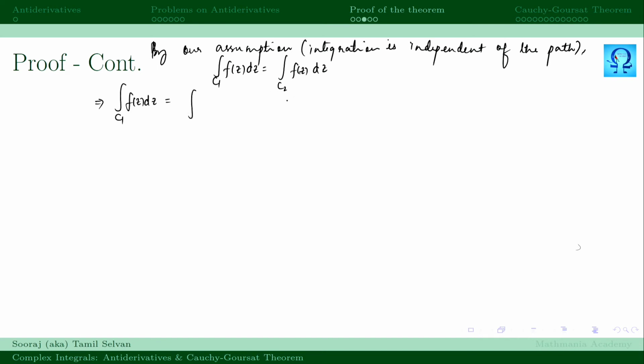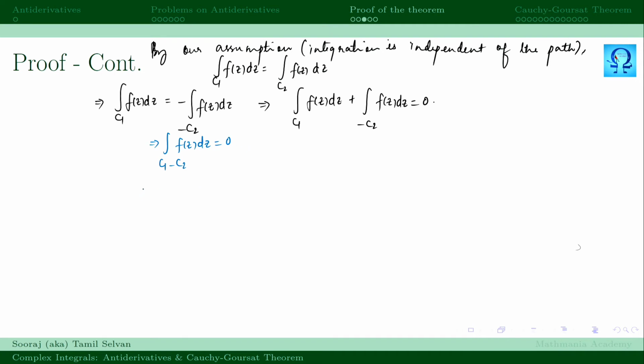Instead of integrating over C2, let me take it in the negative direction, but still hold this quantity equal, so I negate it in value. This gives the integral over C1 of f(z) dz plus the integral over minus C2 of f(z) dz, which is 0.